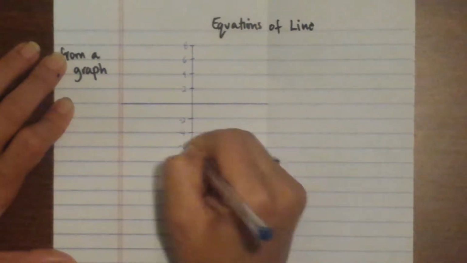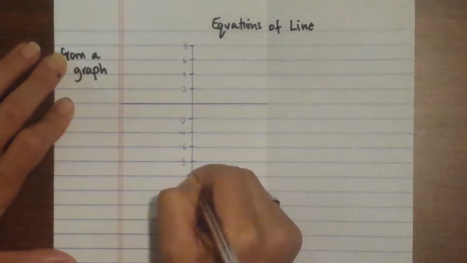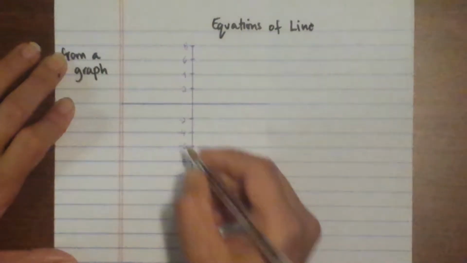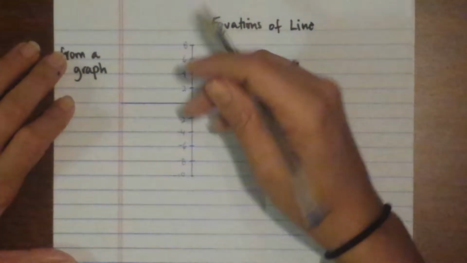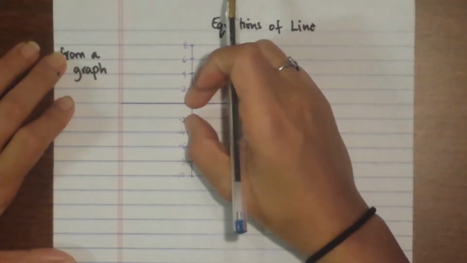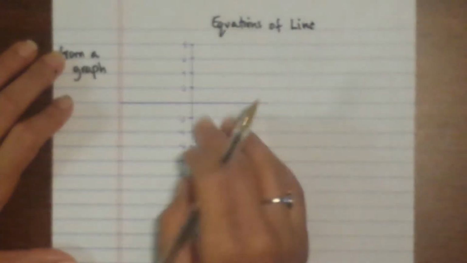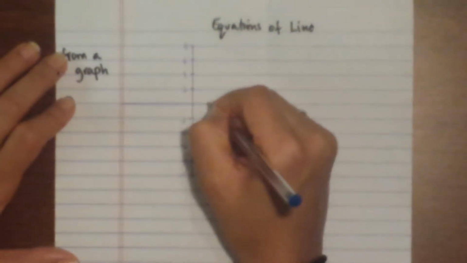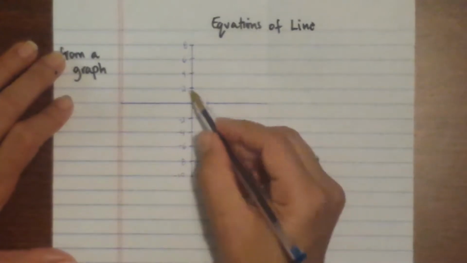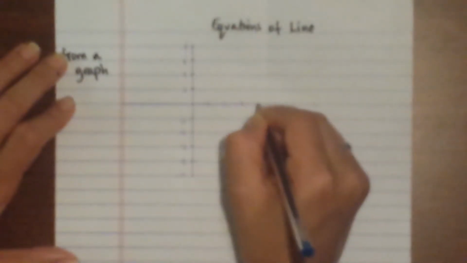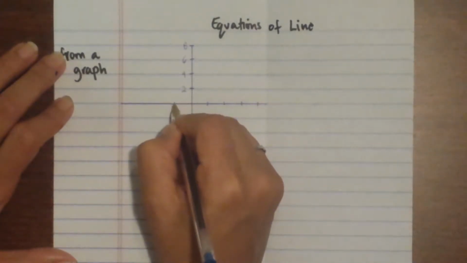So -2, -4, -6, -8. Then make it exactly the same on the other side as well. Just a rough approximation. That looks about the distance there. So try and make them equal as you possibly can.